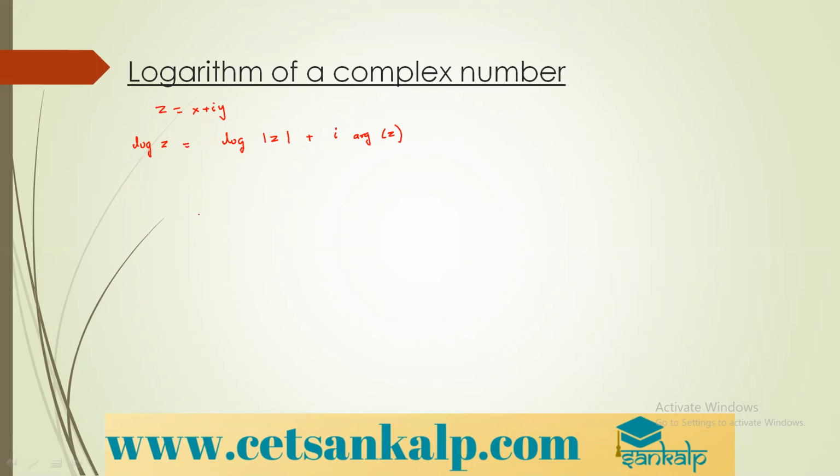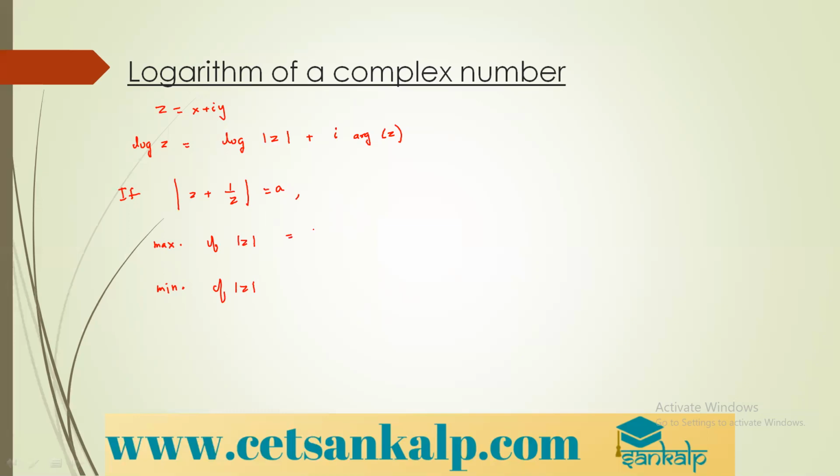And then the next formula or the next point is, if mod of Z plus 1 by Z is equal to A, then we can find the maximum and minimum value of mod of Z. How to find?